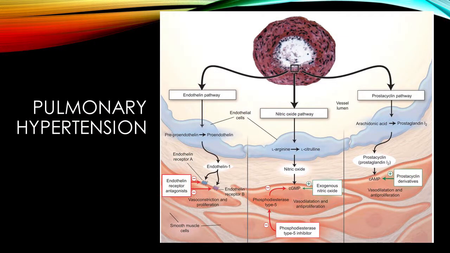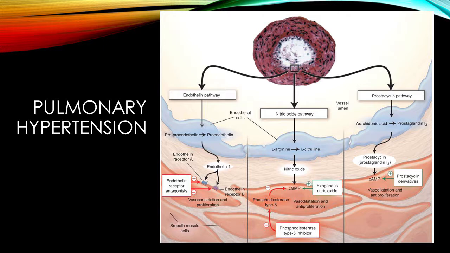So you might ask me what causes this inflammation, and we believe that there are 3 specific pathways involved. You can see those pathways listed there on the slide. One is the endothelin pathway, the other is the nitric oxide pathway, and then the prostacyclin pathway.